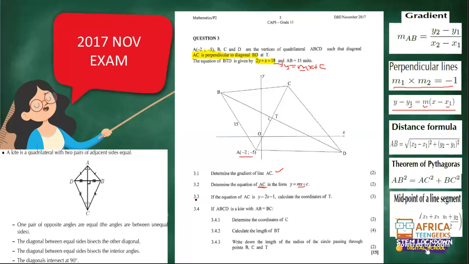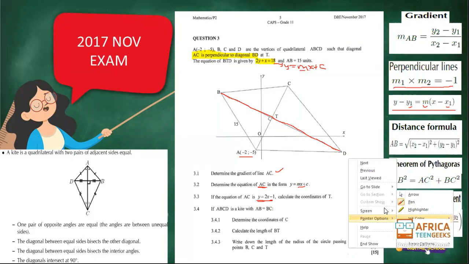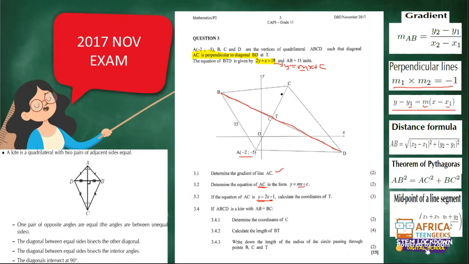And then we also went through number 3.3, which is the equation of AC. So now we have an equation of AC, and we were supposed to calculate the coordinates of T. And we agreed that at point T, we have two lines which are intersecting.